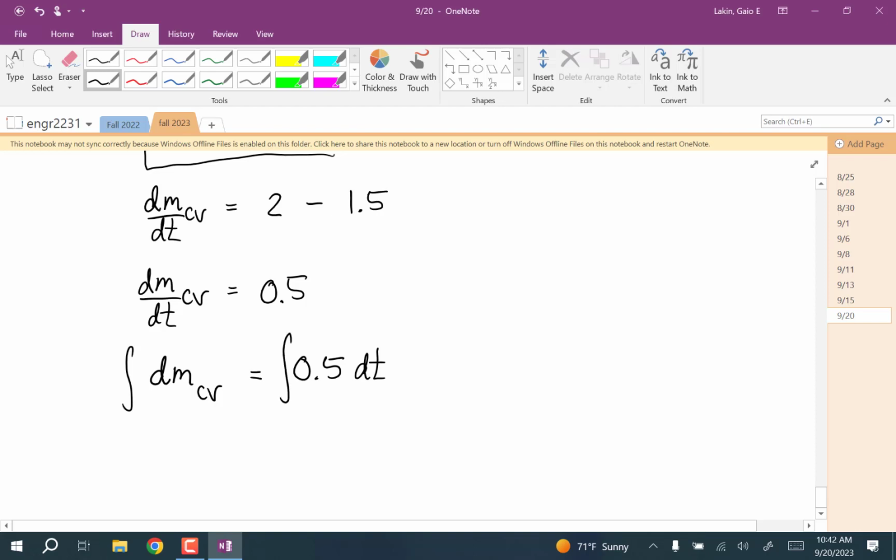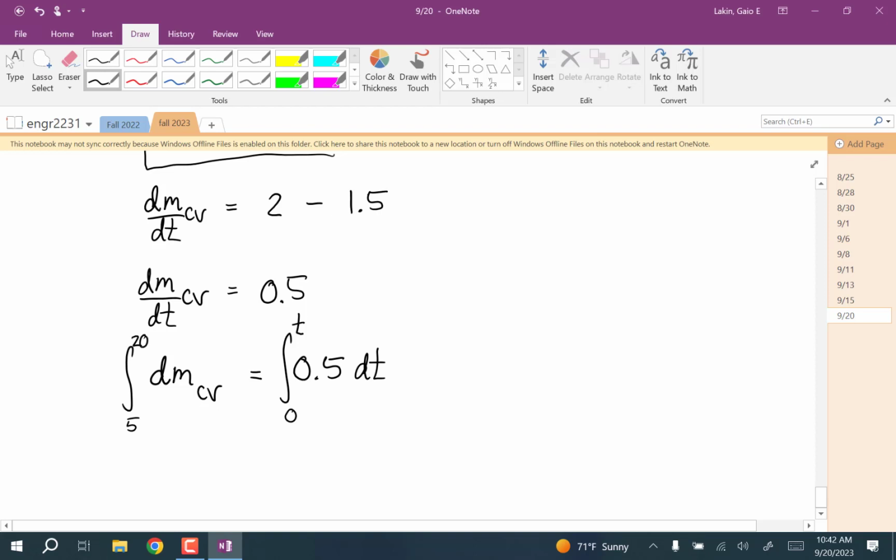So for time, we're going to go from 0 to t. We're trying to figure out how long this is going to take. Okay? For the mass, at time 0, we have a mass of 5 kilograms. And at time t, when we're trying to calculate this elapsed time, we have a mass of 20.